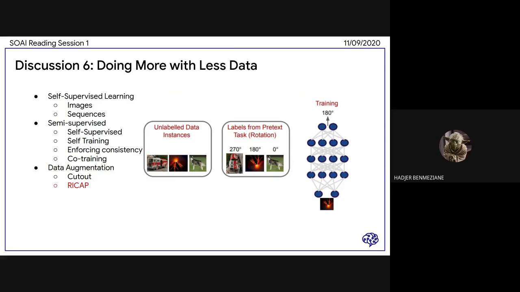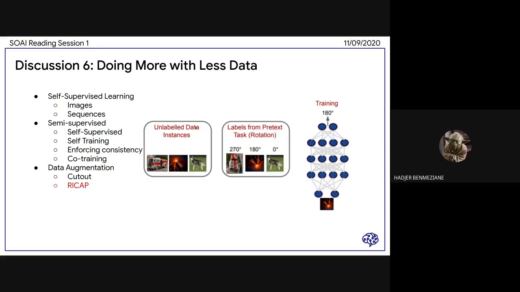The first one is self-supervised learning. In self-supervised learning, we try to create the labels ourselves. For example, I don't know if you recall the image registration task, we can rotate an image by a certain degree and then create a model that tries to predict this degree.